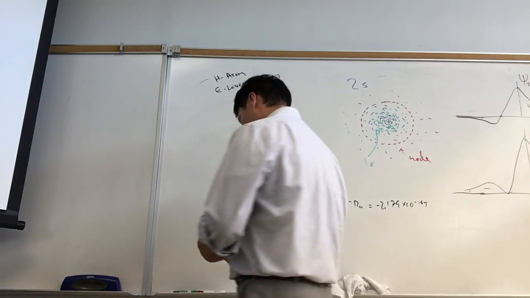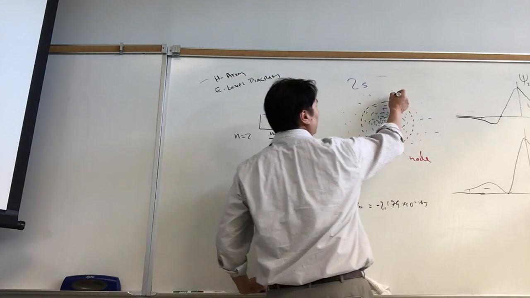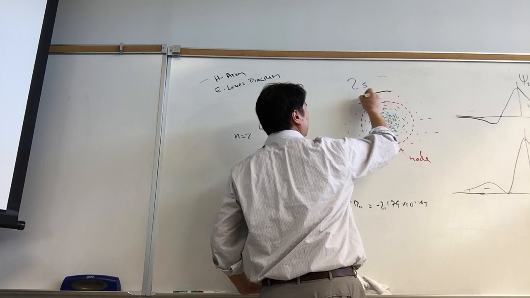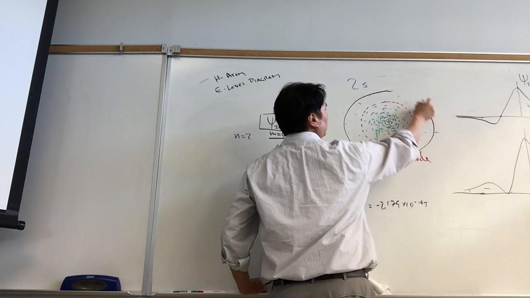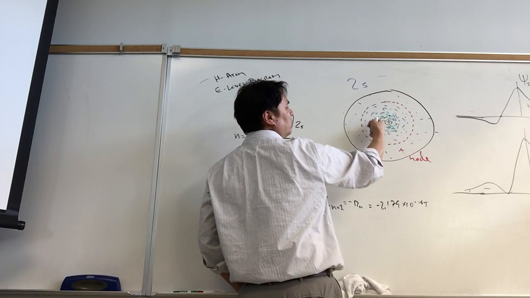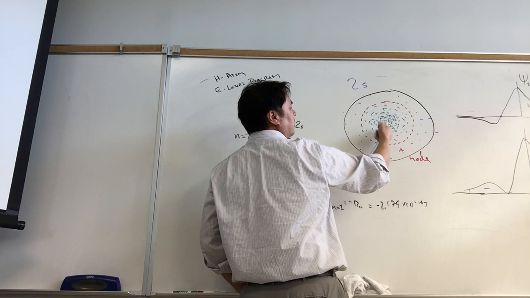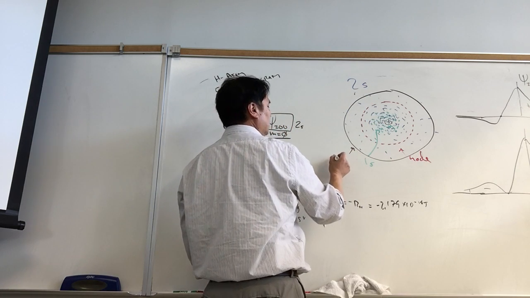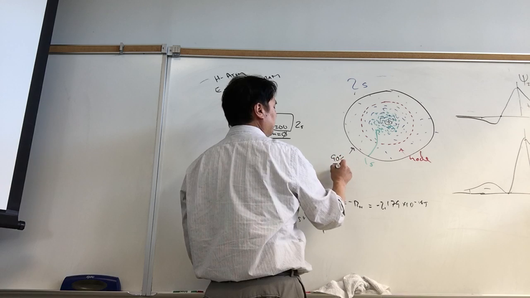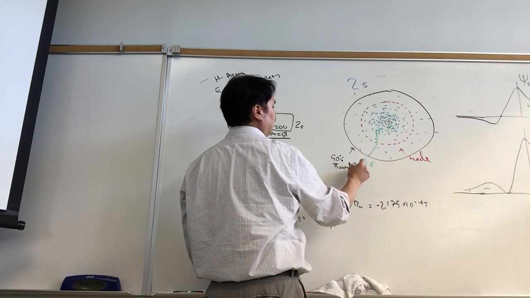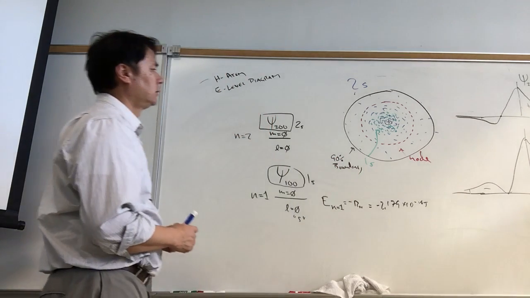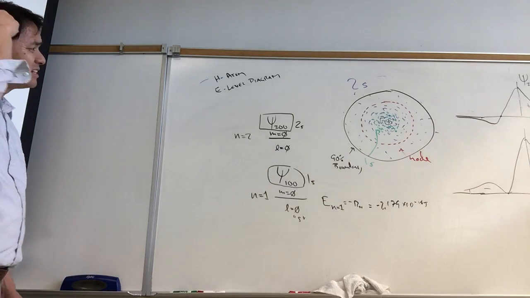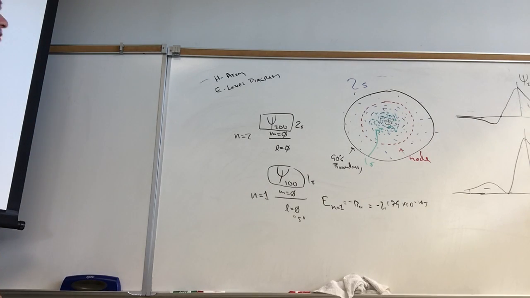So the 90% boundary is going to be out here, let's say, whereas the 90% probability boundary for 1s is in here. And so the 2s orbital is quite a bit bigger. All right, that's the 2s orbital.